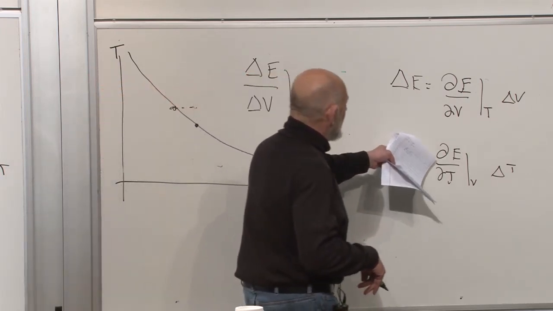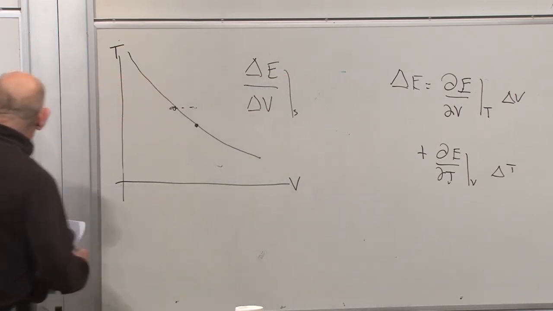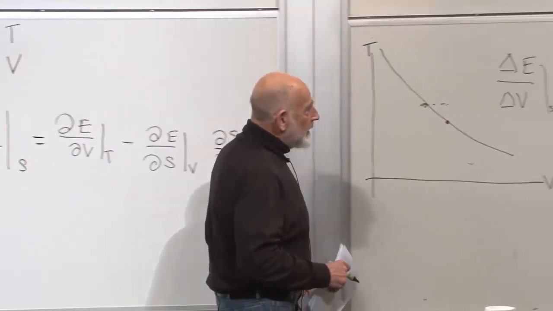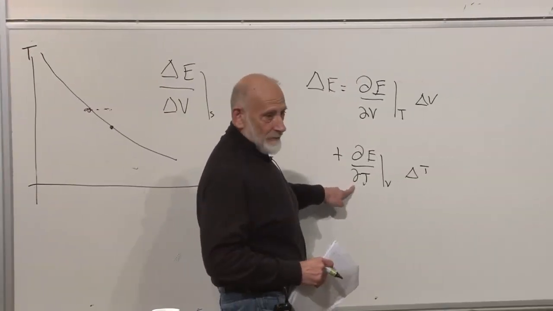All right, so the dE by dV, let's just look at this. We have on here dE by dS at constant volume. But this is dE by dT at constant volume.